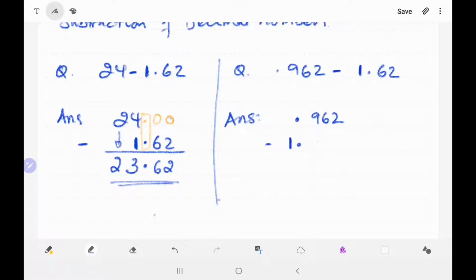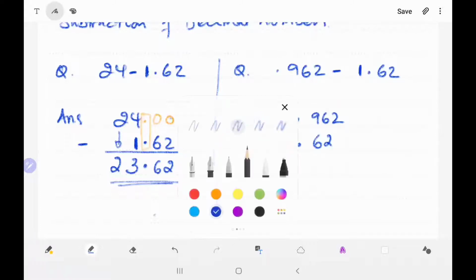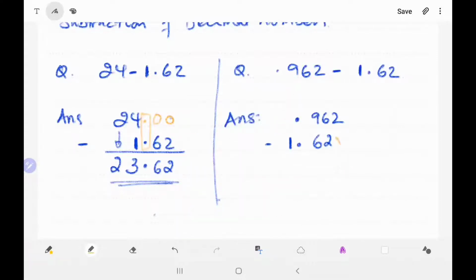So the dot has to align, and then for this you see 6 and 2, and of course there is one number which is missing. It could be 0, doesn't matter, and a number is also missing here, because the most important part is we aligned our dots. So to answer this, fairly straightforward. 2 goes down straight, 6 minus 2 would be 4, and 9 minus 6 will be 3.